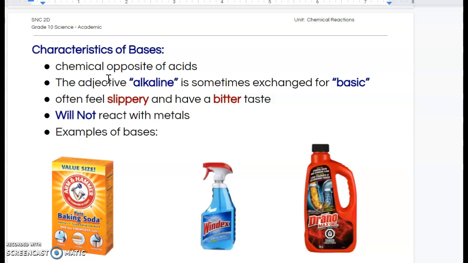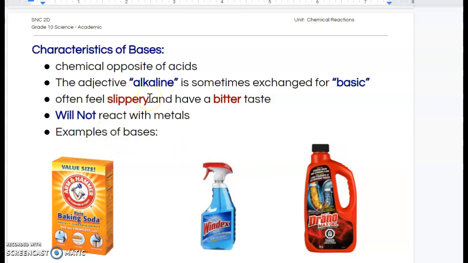Some basic or alkaline stuff in your house, not pumpkin spice lattes, not your sister or whoever else drinks those things, but baking soda would be basic. Your Windex and Drano would be basic.